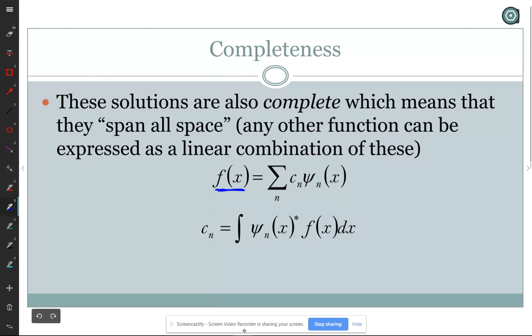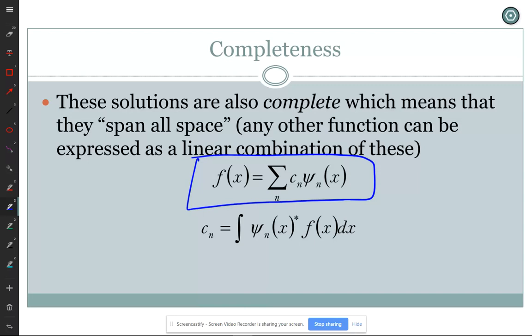So this is, as you said, exactly what I was describing for completeness. Any function should be writable as a linear combination of these wave functions. And this comes out in many different ways. I don't know if you guys have studied Fourier series, but that's an example of this as well.